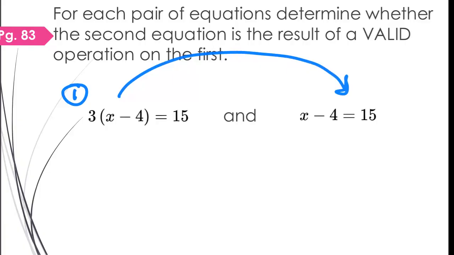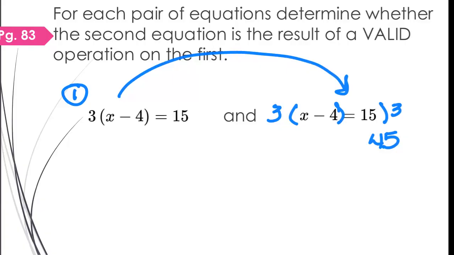Multiply. Okay, say that again. Okay, so if I multiply 3 here, would I also have to multiply by 3 here? Yes, I would. And so that is going to give me 45, which would be too high.